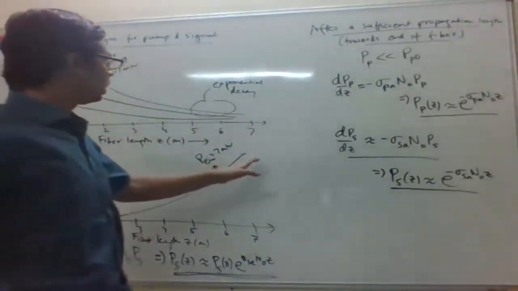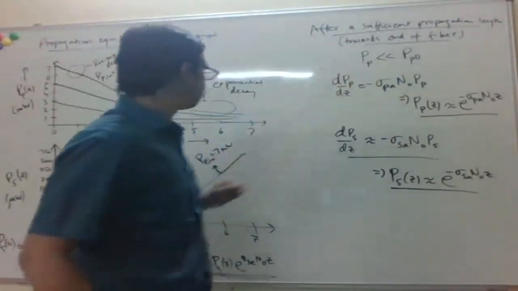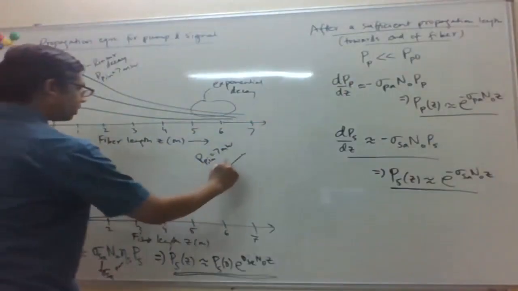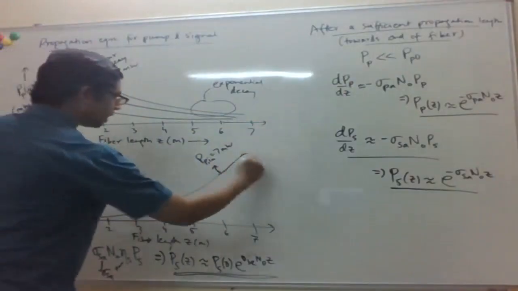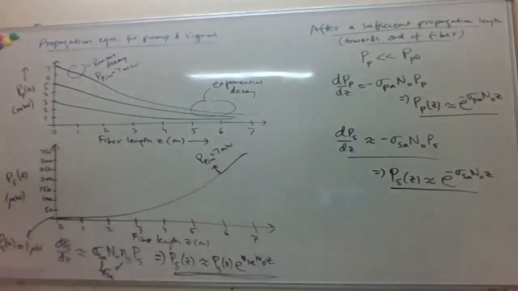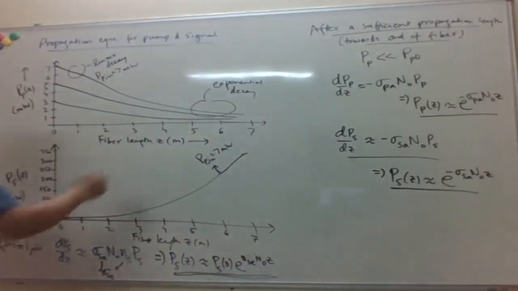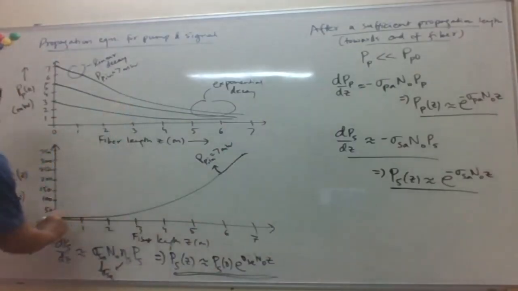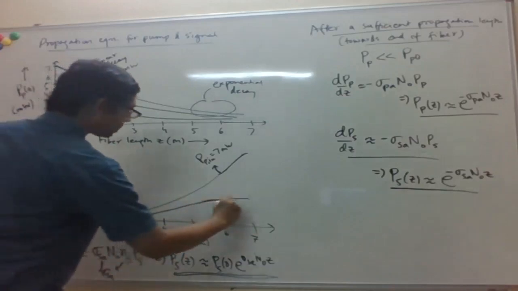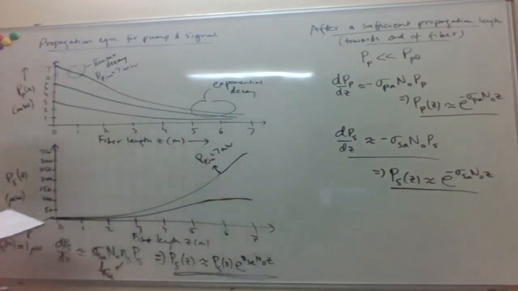So basically, we don't get to this regime. For 7 milliwatts, the signal power doesn't reach the regime of starting to fall down. We're still in the gain regime. For lower pump powers, you can see that we start reaching this gain saturation regime where the signal starts saturating.